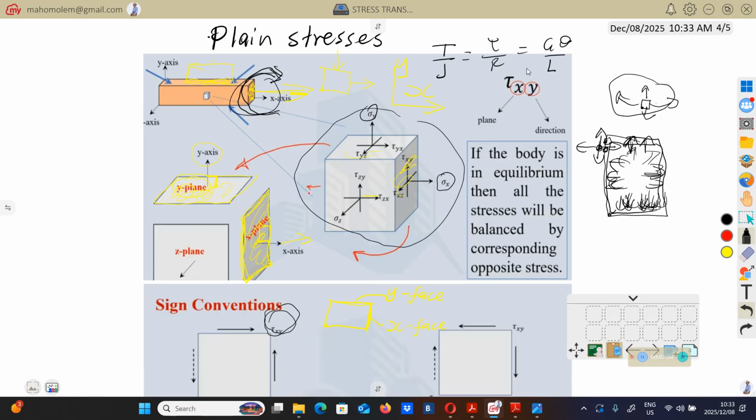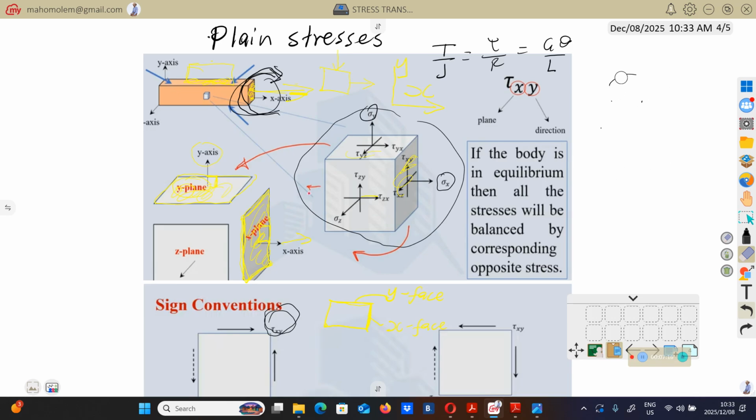Right, so the shear stress might not be coming from there. Sometimes the shear stress can be from the chimney or the joint itself.